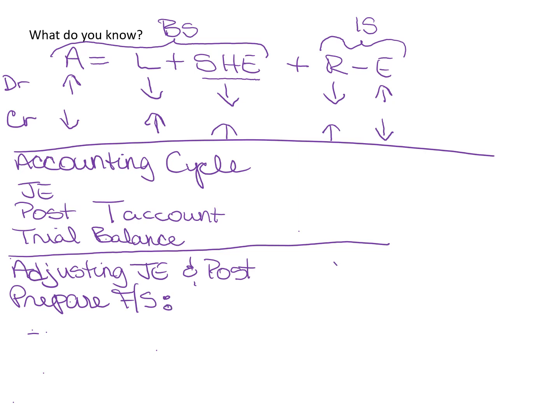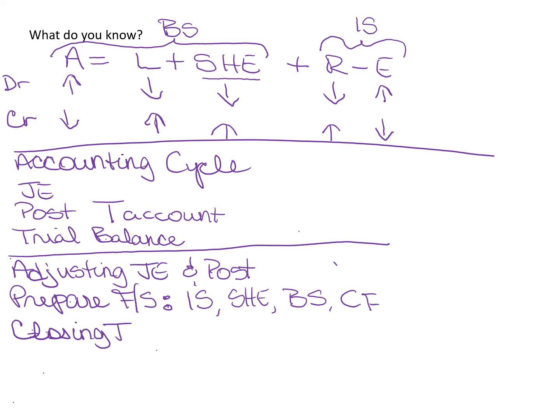We know the first one we do is the income statement, followed by shareholders' equity or retained earnings, then balance sheet, and finally cash flow. Once we've prepared those financial statements and distributed them to our external owners, we can get ready for the next year, which means we're going to make closing journal entries.